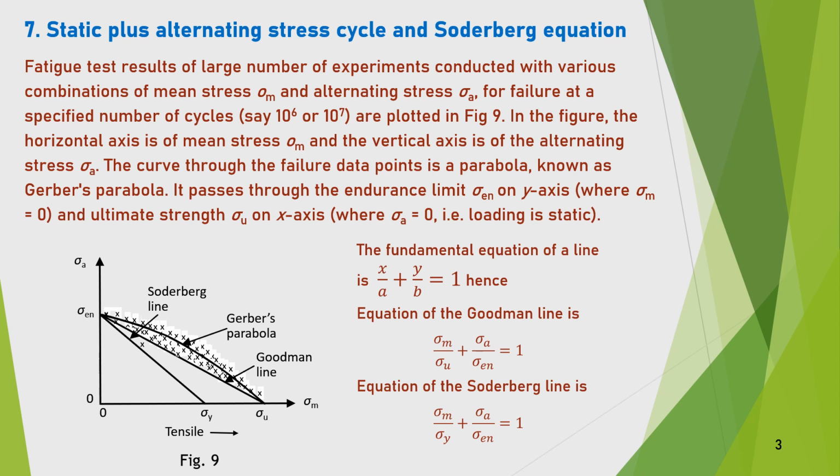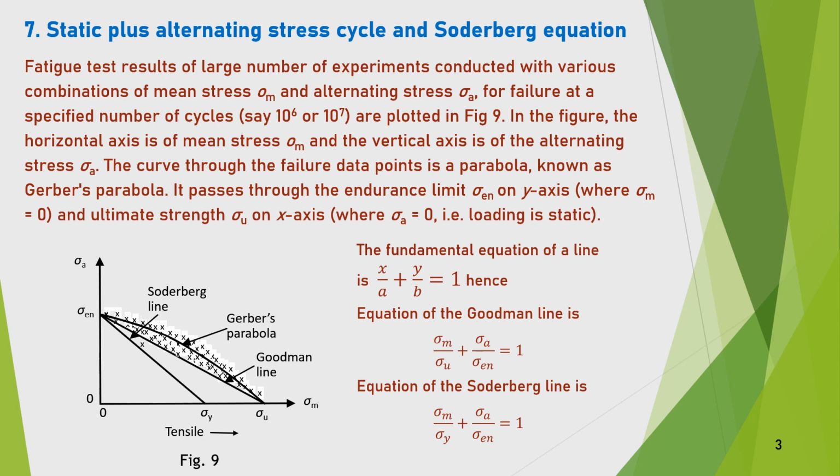In the figure, the horizontal axis is that of mean stress sigma m and the vertical axis is that of the alternating stress sigma a. The curve through the failure data points is a parabola and it is known as Gerber's parabola.